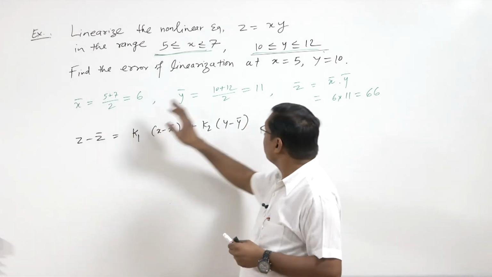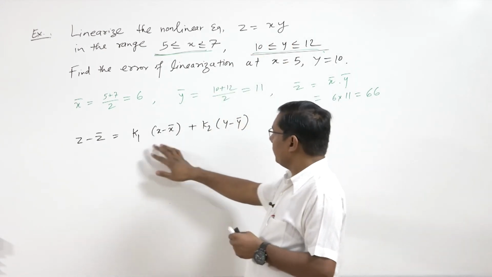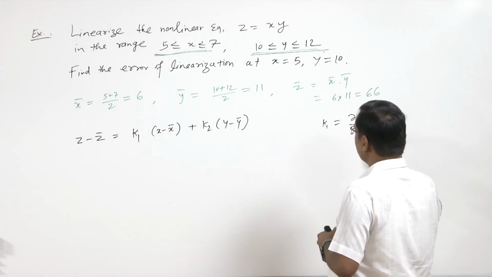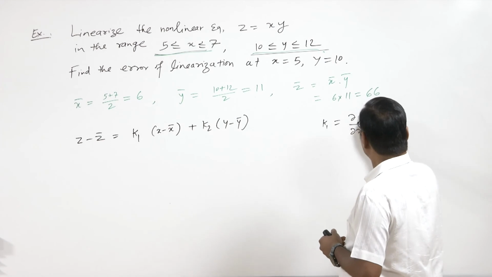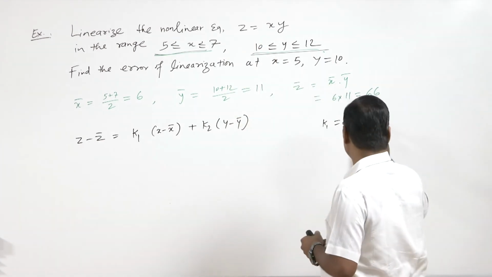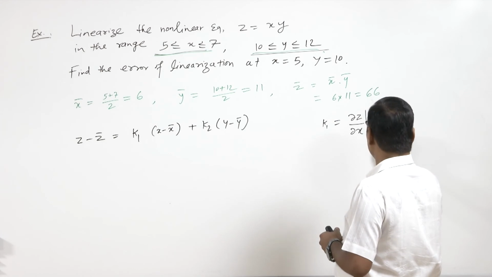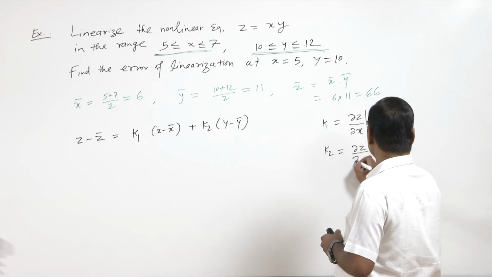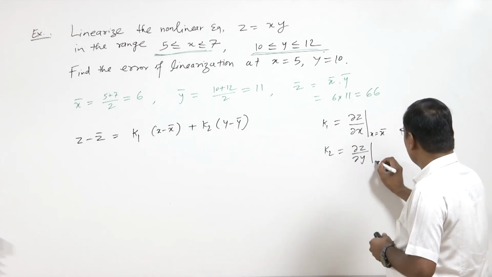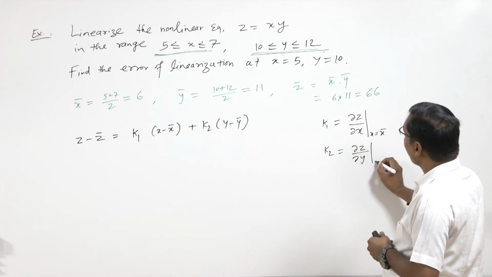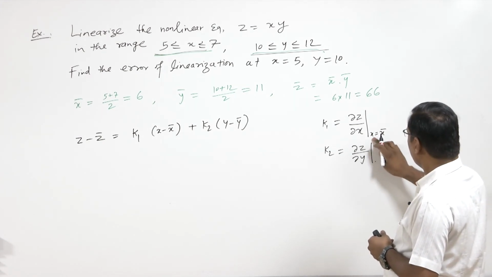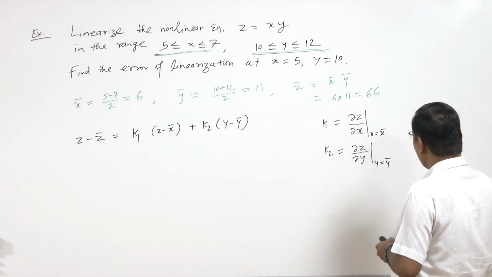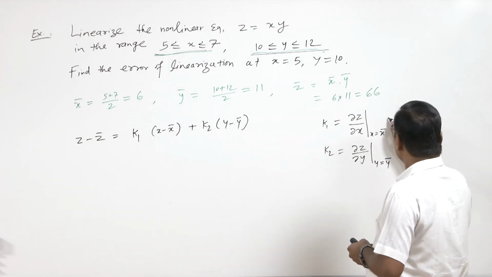Here output is z and two inputs x and y, and here k1 is the derivative del f by del x, or we can say del z by del x, because here f is z, at x equal to x bar, and k2 equal to del z by del y at y equal to y bar. So, we can find these values.